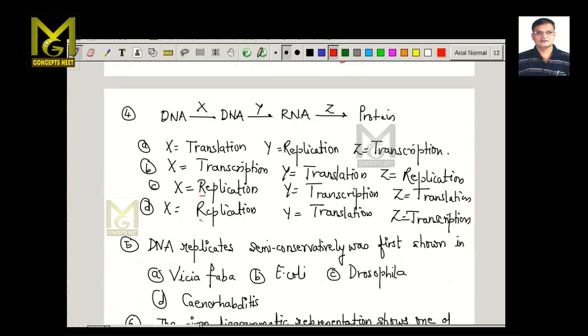DNA giving rise to RNA, this process is referred to as transcription. And from RNA to proteins, the process is referred to as translation. So X has to be replication, Y has to be transcription, Z has to be translation. So the correct answer in this case has to be C.